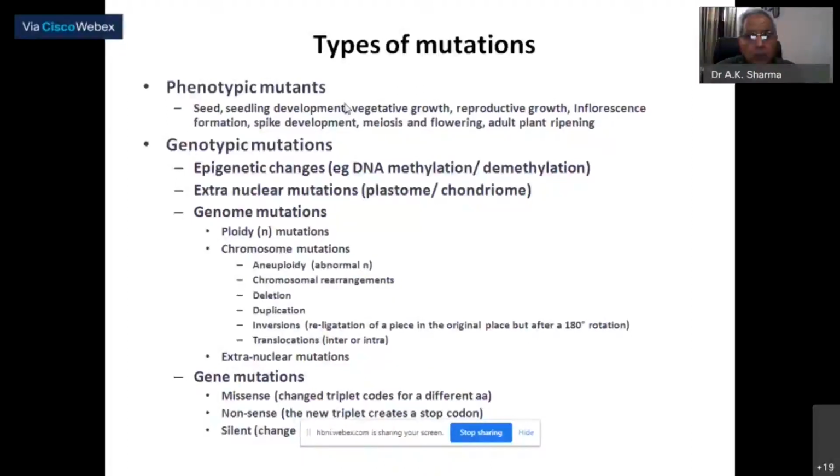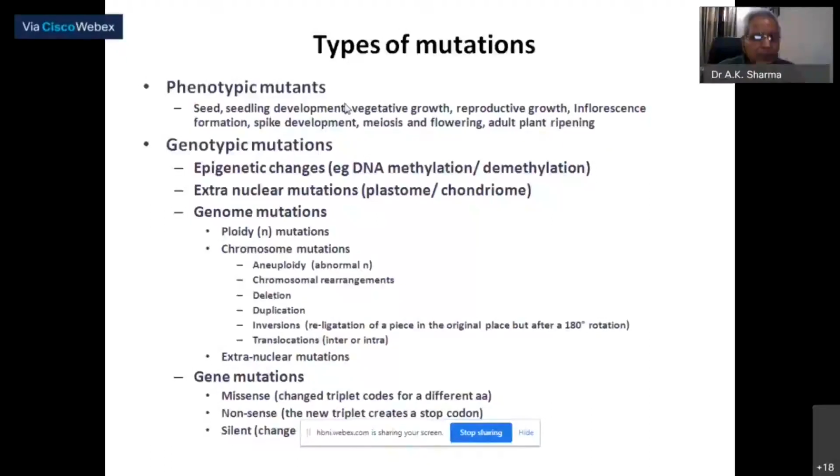That means mutations are taking place in organelles other than the nucleus. Main DNA is in the nucleus, whereas there is DNA also in mitochondria and in chloroplast. So there could also be changes in that DNA.